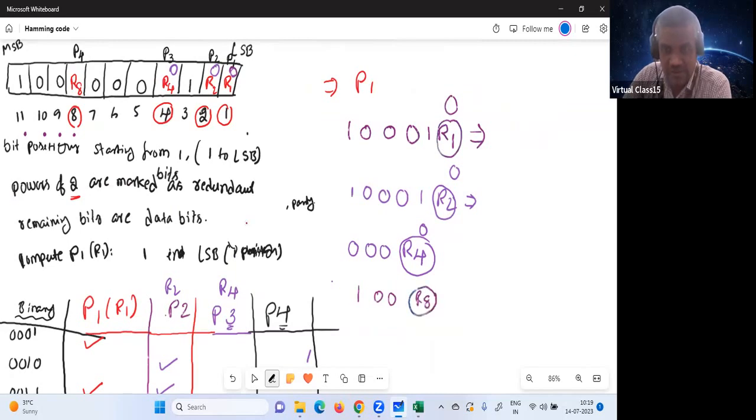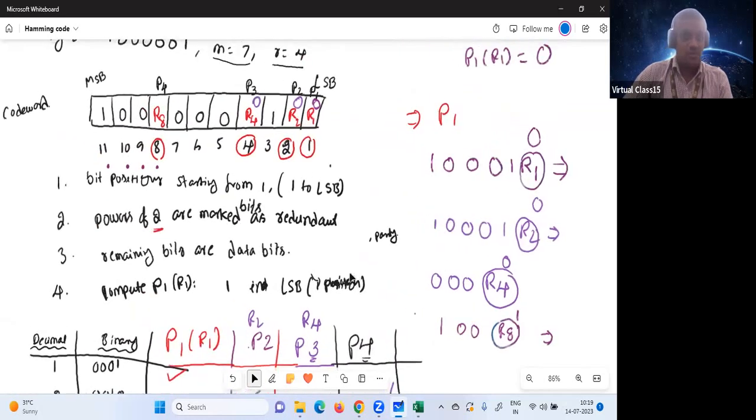To make this even parity, what is the R8 value? 1. So the R8 value is 1, and I will write that here.